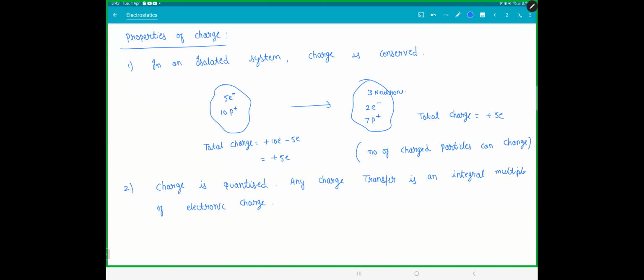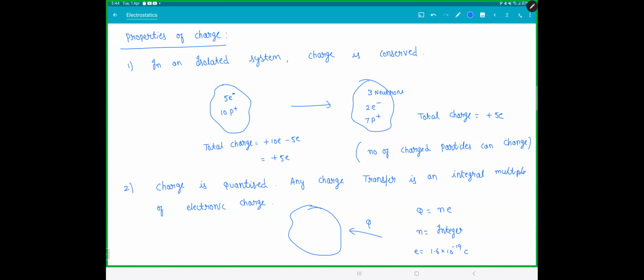Right? So if you have a body there, and if you say I'm giving charge Q, you can be sure this value Q must be equal to N into E, where N is an integer, and the value of E is 1.6 into 10 power minus 19.